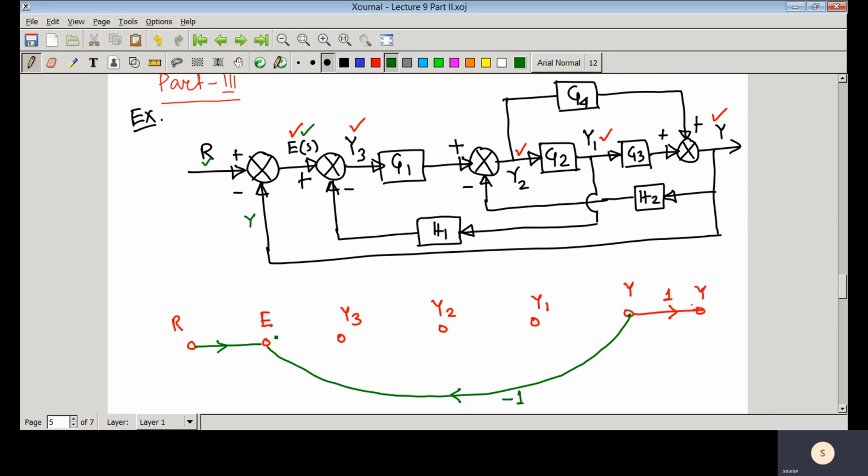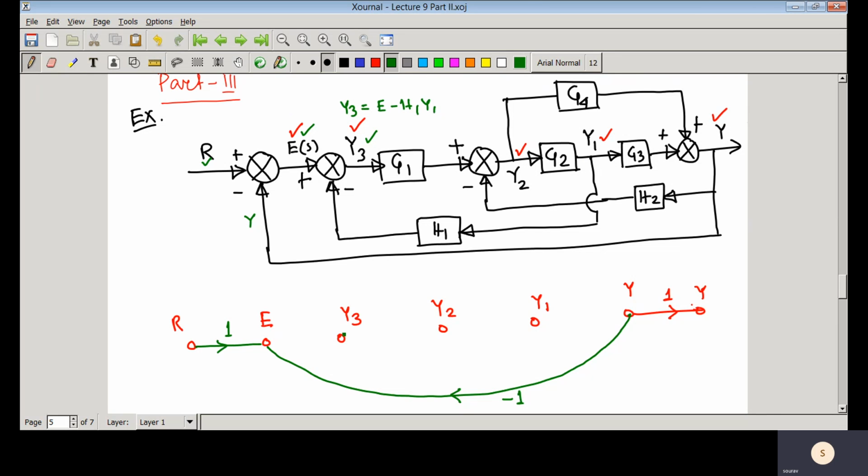Applying signal flow graph algebra, you can write E equal to R, with gain 1, minus Y. Now you can see that Y3 equals E minus H1 into Y1.